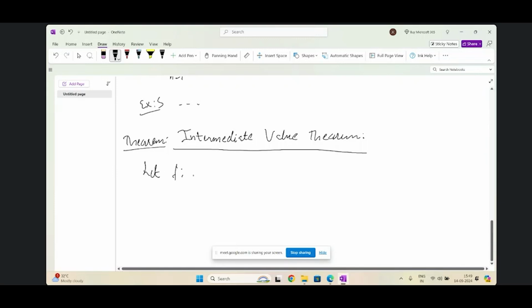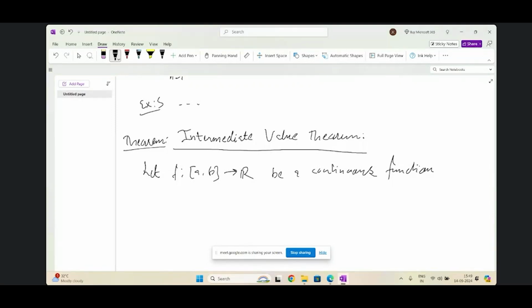Suppose we have a continuous function f from [a, b] to R. Say we have f(a) and f(b).